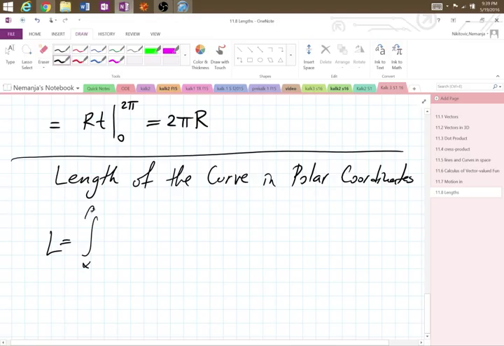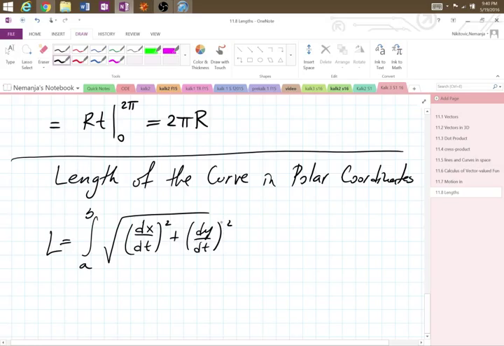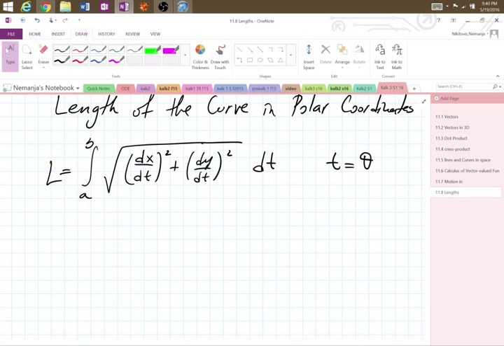So now, let's go step by step. The integral from a to b of the square root of dx dt squared plus dy dt squared, dt, where t equals theta. So when we do that, we change alpha and beta because now the input is the angle.